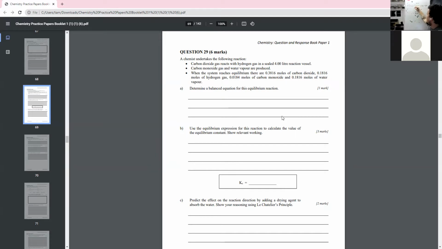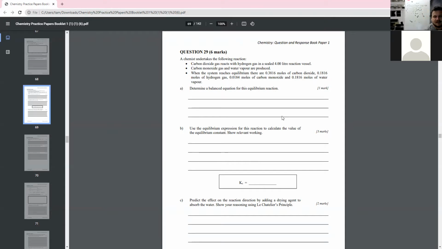And we'd have A, or we would have products over reactants.